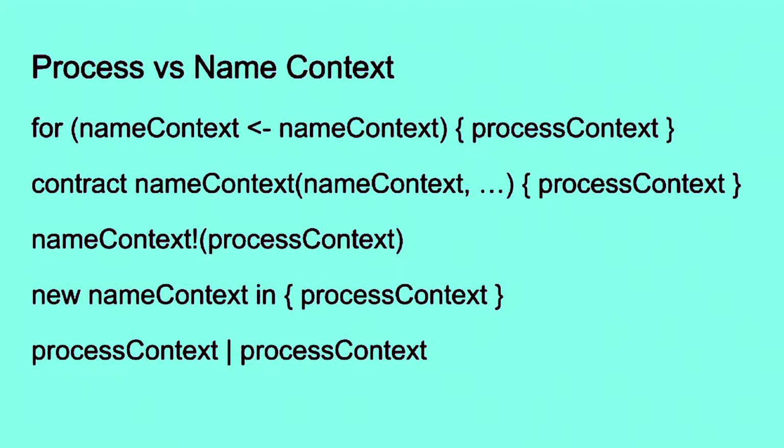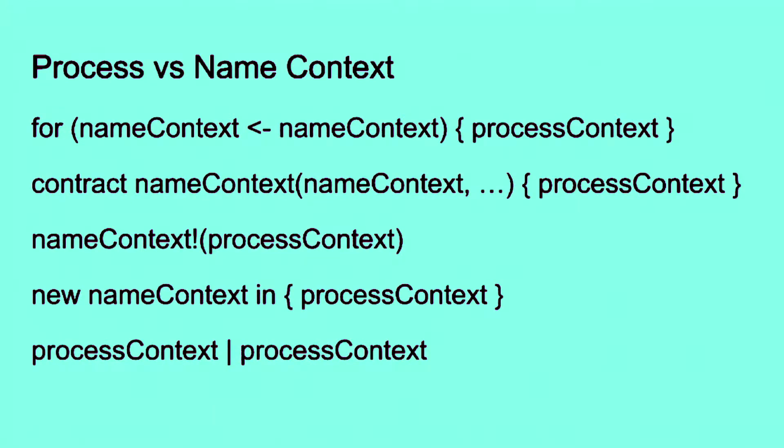For contract, the contract name is, of course, a name context, and the arguments for it, and then the continuation of it is a process. And for sending, you send on a channel, so that's a name context, and you send a process through.